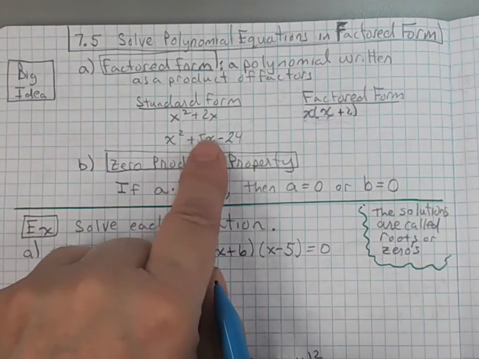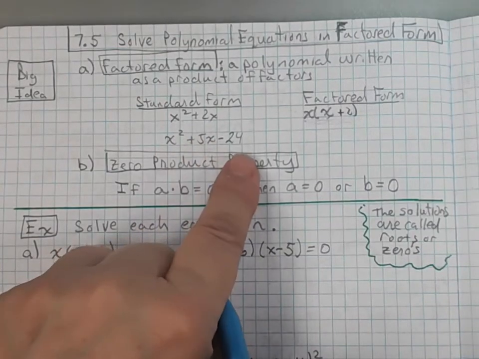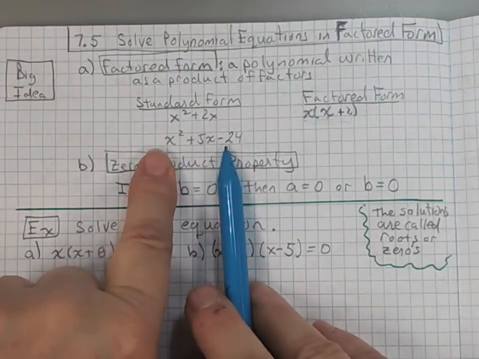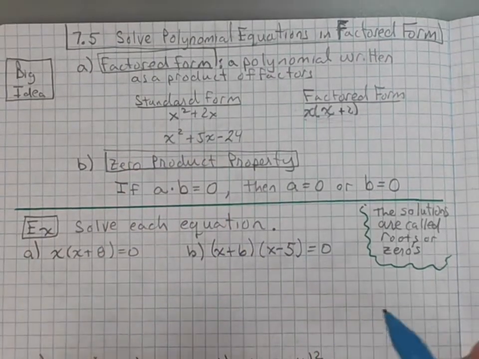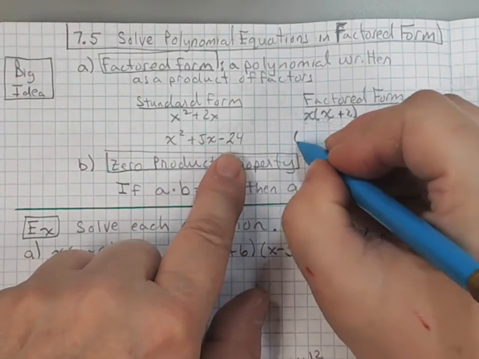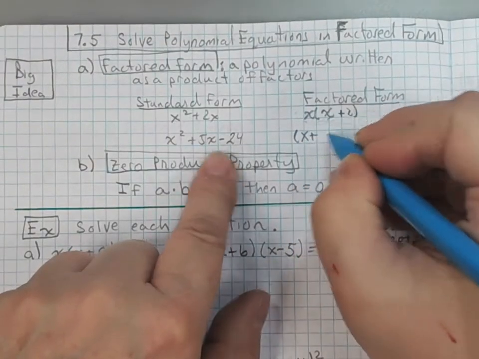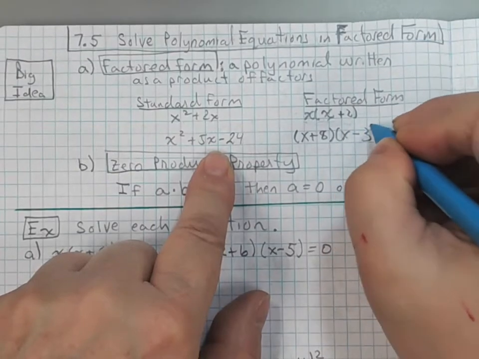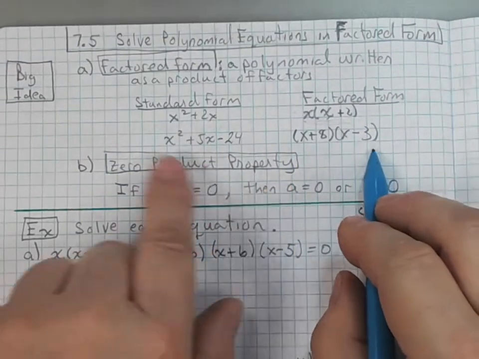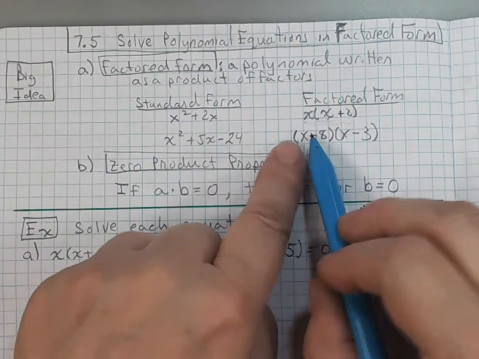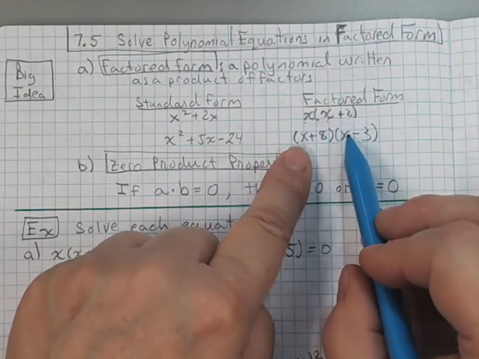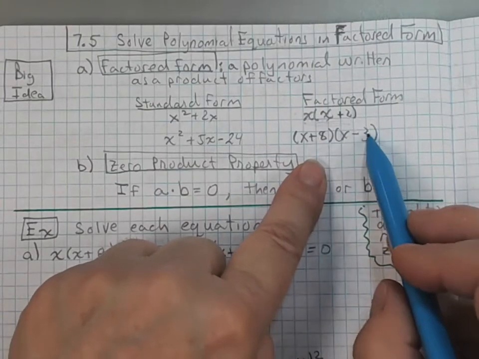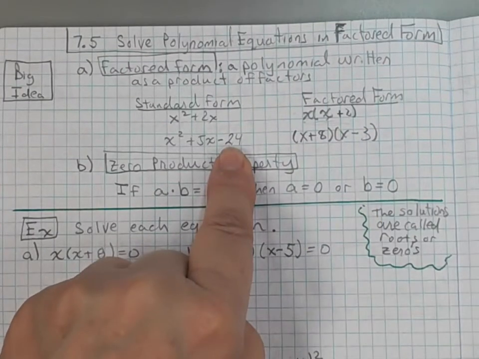Another way to do it, which is what we're going to learn in the next unit, but I'll just show it to you, is that this polynomial can also be factored, and it comes from the following factors. I take x plus 8 and x minus 3, and if I multiply those together, I get this. Can you kind of see it? x times x is x squared. If I multiply the 8 times negative 3, I get negative 24.